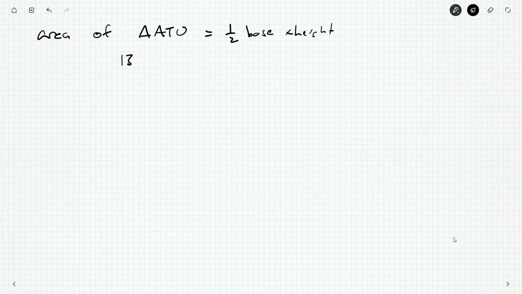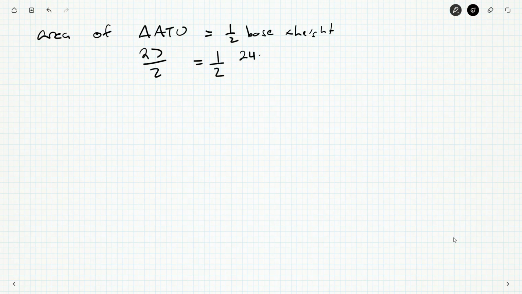So now we can see the area of triangle ATU is 1/2 base times height. And so we want 13.5, or really, I guess we should say 27 over 2, because we're doing everything with fractions. And that's going to be 1/2, so those will cancel out.